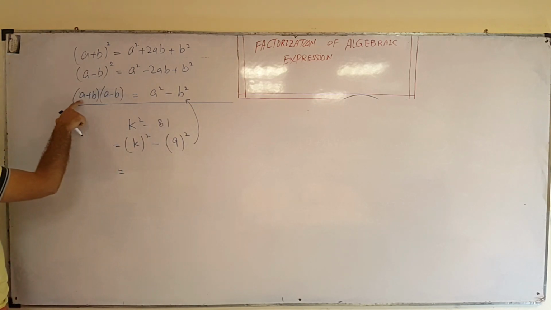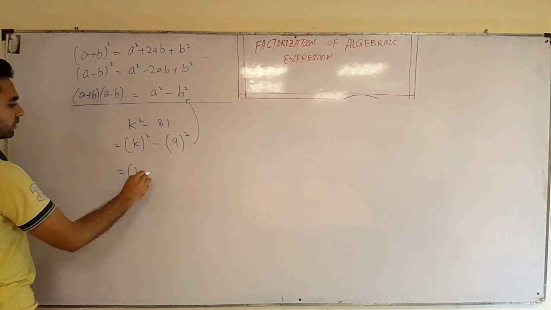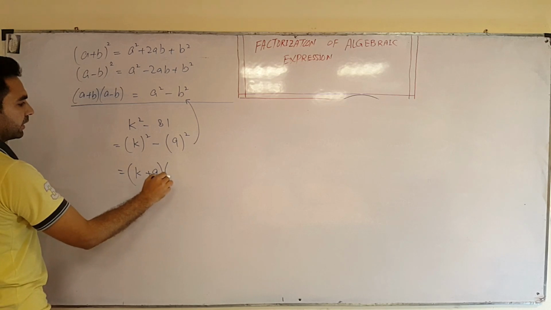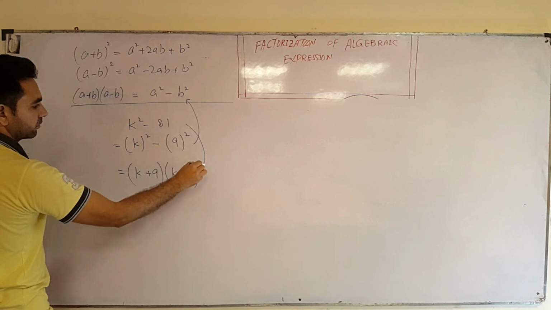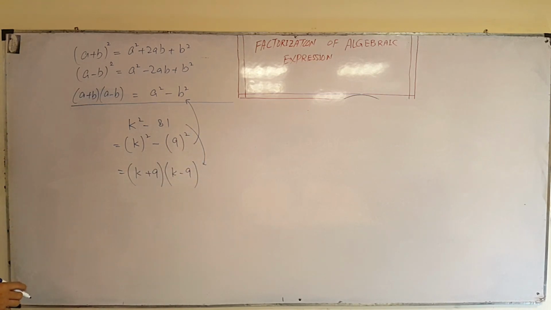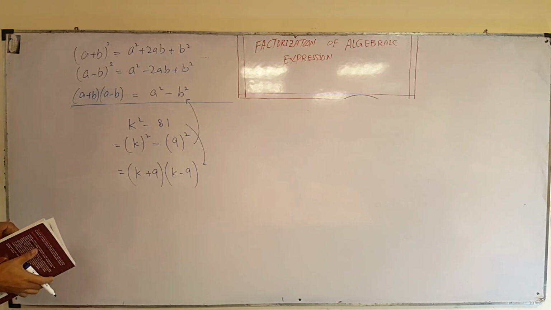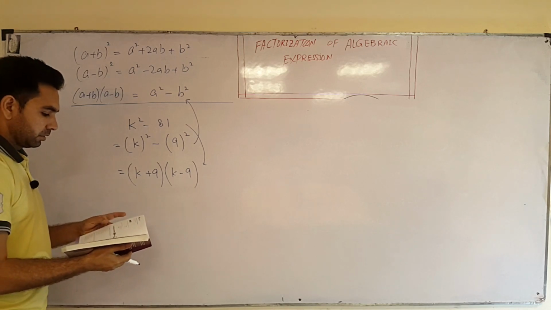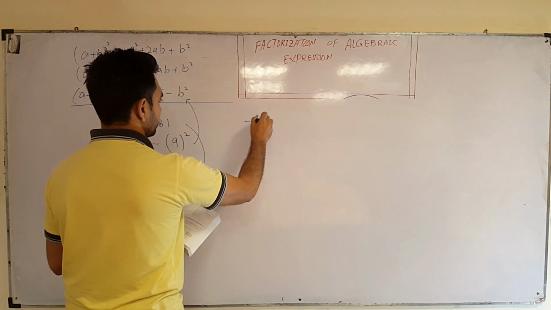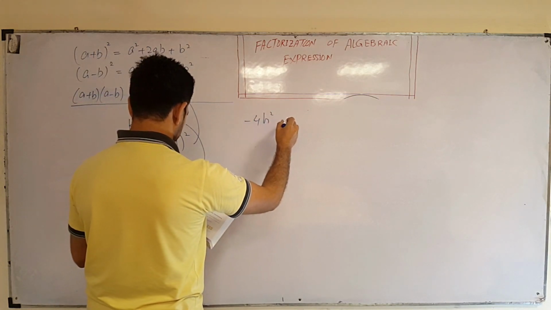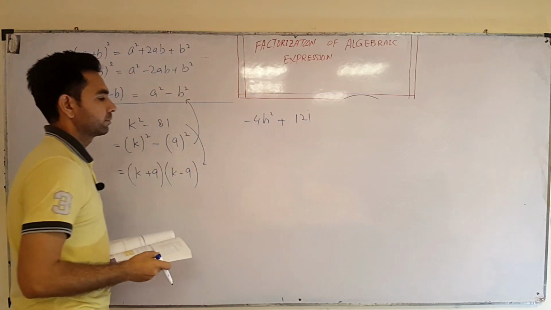So according to the formula, if you write this form into this form, it would be a, which is k, plus b, which is 9, times a, which is k, minus b, which is 9. So the factors of this one are these two. Similarly, let's do one more, minus 4h square plus 121.